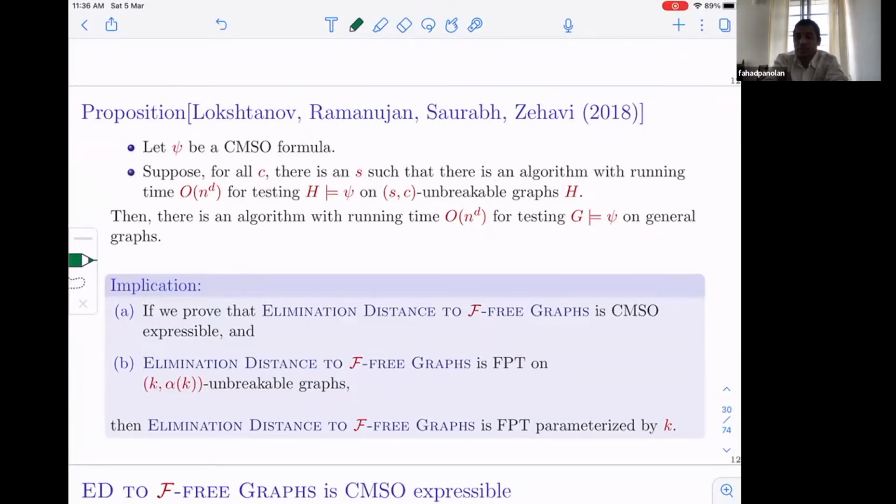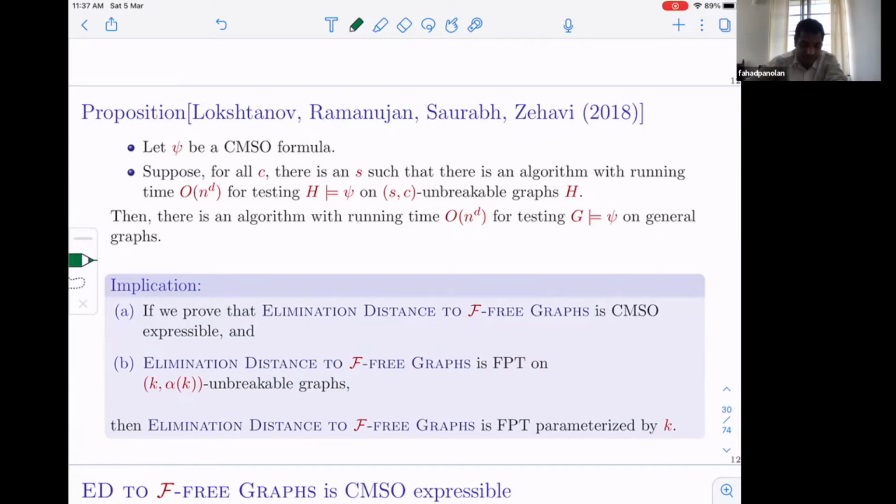To prove condition A holds, I said that this problem, elimination distance to F-free graphs, has a different characterization that will allow us to say that it is CMSO expressible.